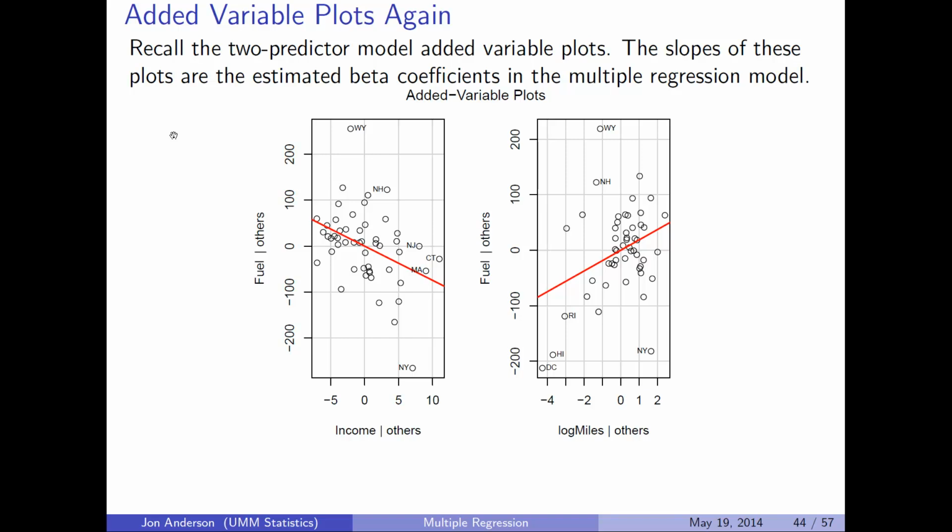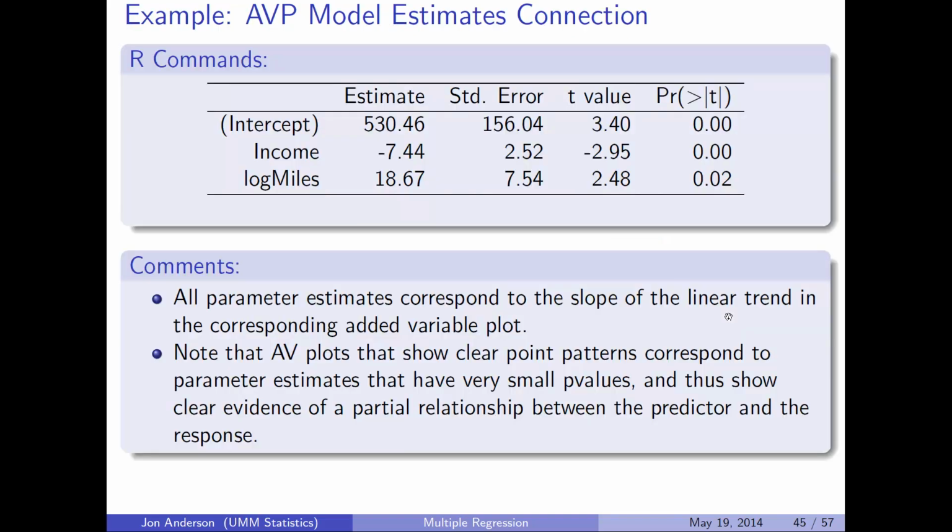The coefficients that we see in our multiple regression output have a connection to the red slopes that we see in added variable plots. So I'll remind you of the model we dealt with earlier that used income and log miles to explain fuel consumption. You'll recall there was this negative impact for income and positive impact for log miles.